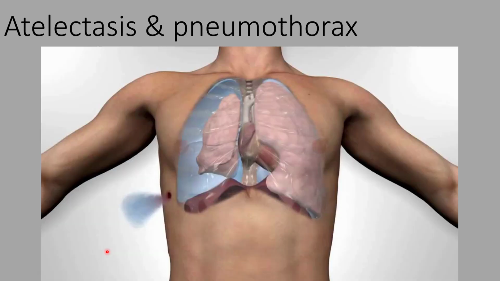Now, before we go on and start talking about how we breathe, let's talk about a couple of things that could go wrong with relation to those pressures. First, there is something called pneumothorax. The literal translation is air in the chest, but pneumothorax is when you have a hole in the wall of the chest. And if you have a hole in the wall of the chest, now that transpulmonary pressure is going to go away, because the intrapulmonary pressure is still equal to atmospheric pressure.